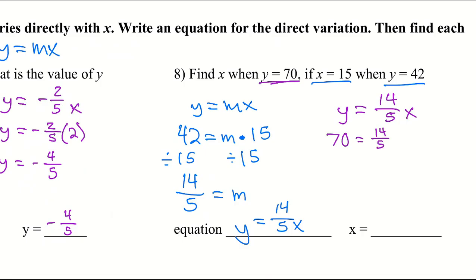Might have been easier to use the decimal because you're going to have to divide by 14/5. 70 divided by 14/5. Oh, that's nice. Gets us 25 for our x.